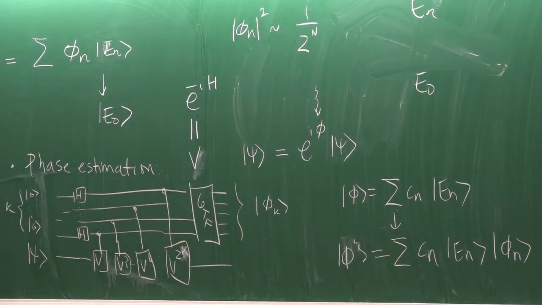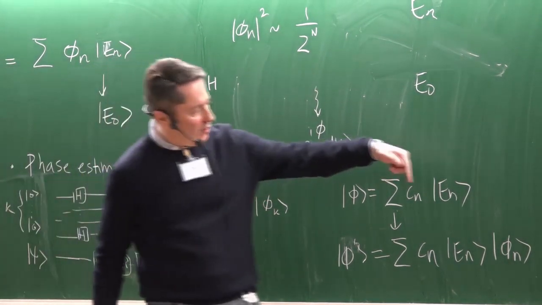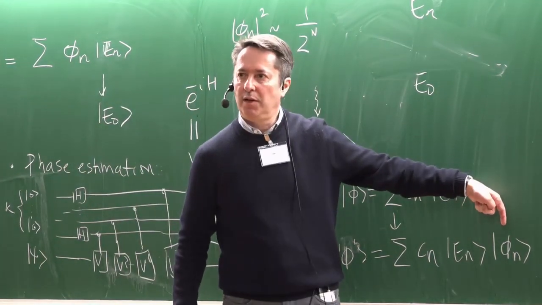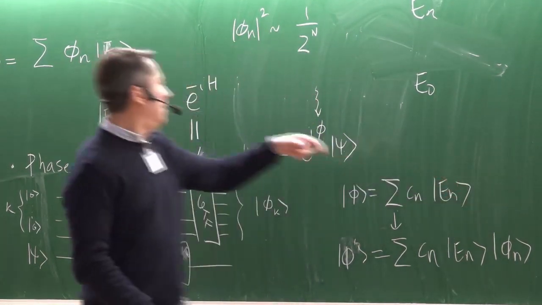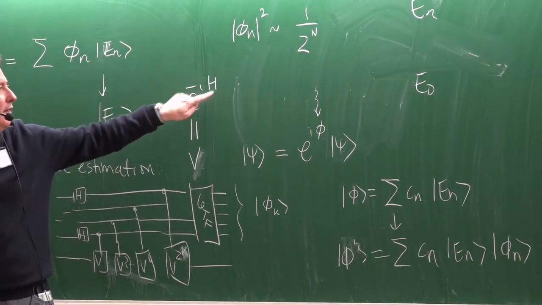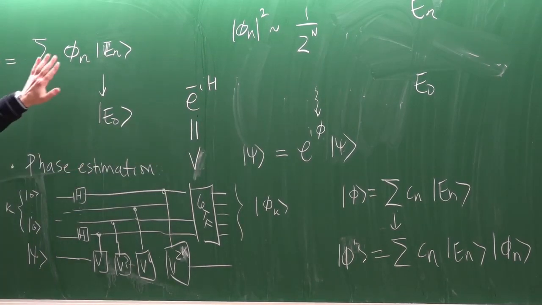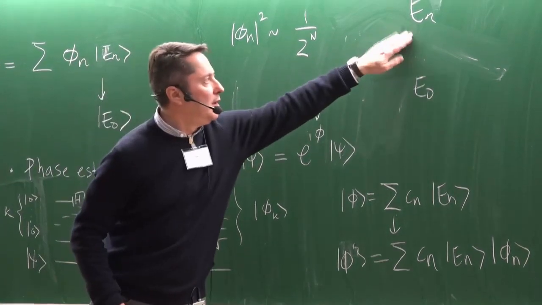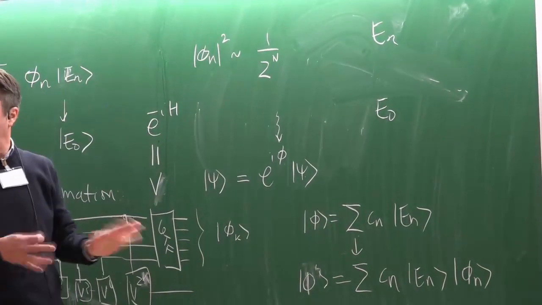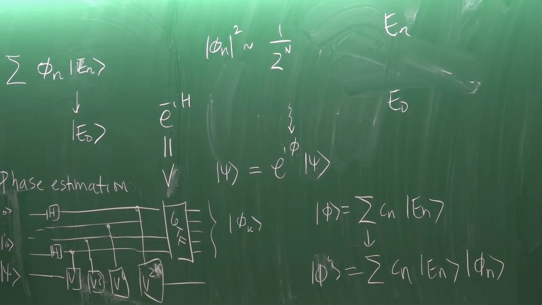But that's the standard method. So you just plug your random state in through the phase estimation, and then you read this register, and this will give you the phase. From the phase, you have to make sure that there are no 2 pi's and so on in order to get the eigenvalue E_n. With that, you do what I told you before, you get a value of E_n, and you have to repeat it. There are some details about these 2 pi's and so on, but that's relatively simple to go through.